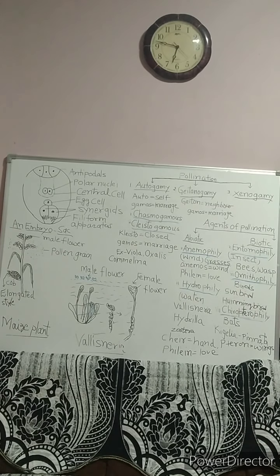They are bat pollinated plants. You know, bat is a nocturnal mammal. An example of a bat pollinated plant is Kigelia pinnata.